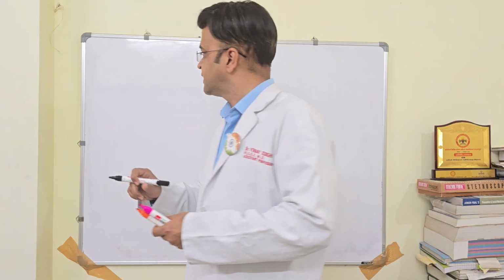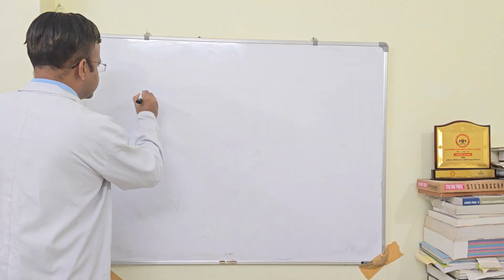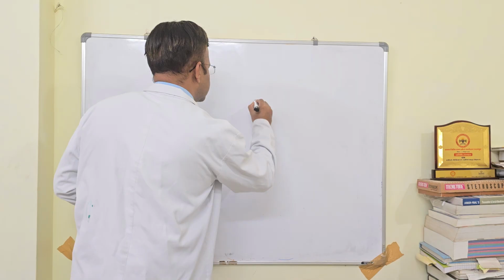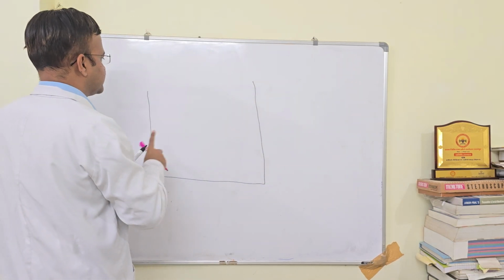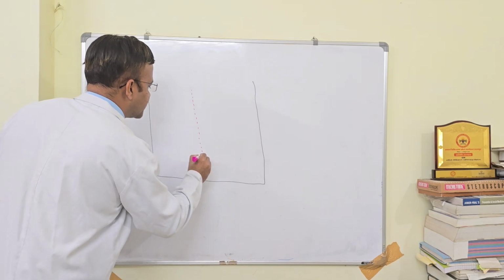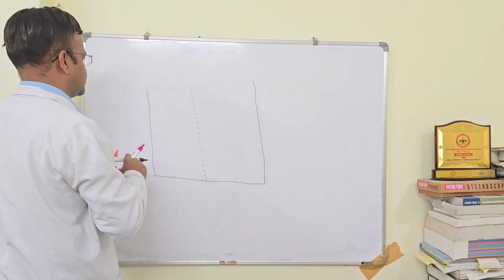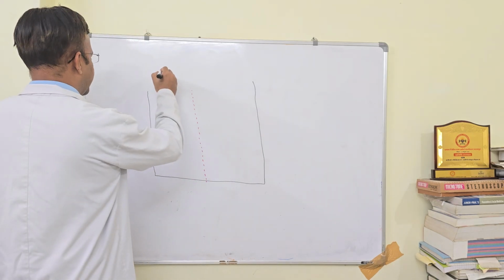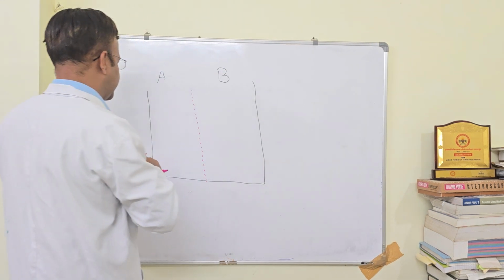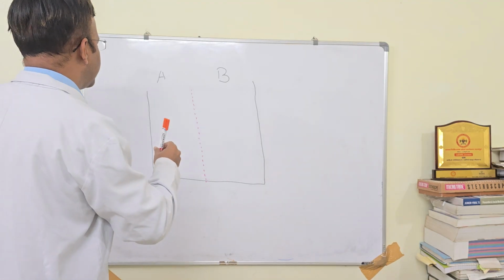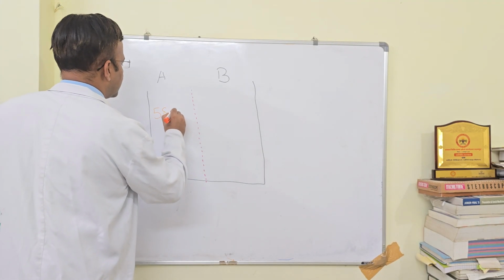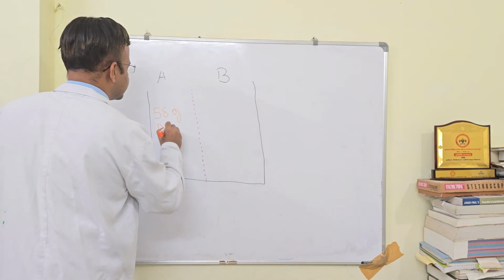In this question, we have two compartments separated by a semi-permeable membrane, and these compartments are named A and B. In compartment A, we have 58 gram of sodium chloride.